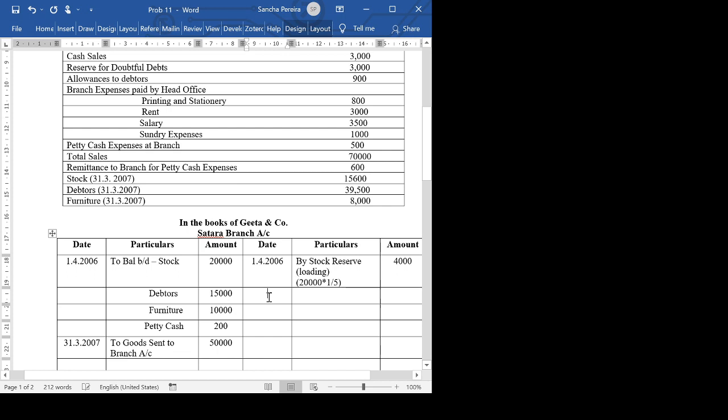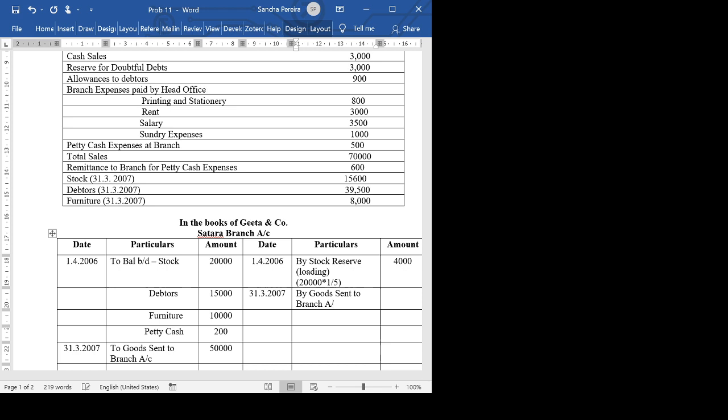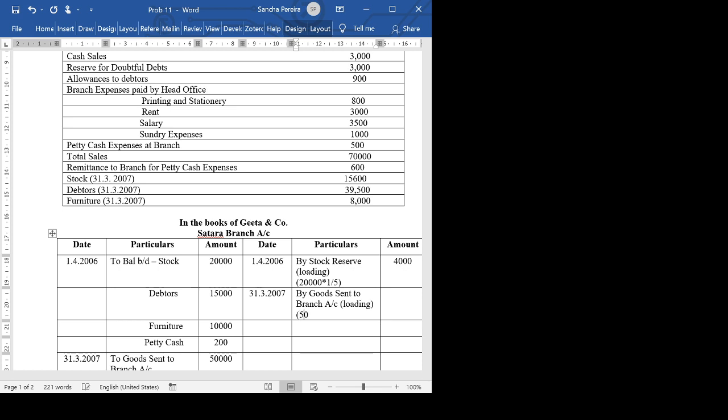On this side we have 31st March 2007, by goods sent to branch account, in brackets loading, and here we will have it as 50,000 into 1/5. If somebody has not understood how I've got this 1/5, please let me know. So that comes to 10,000.